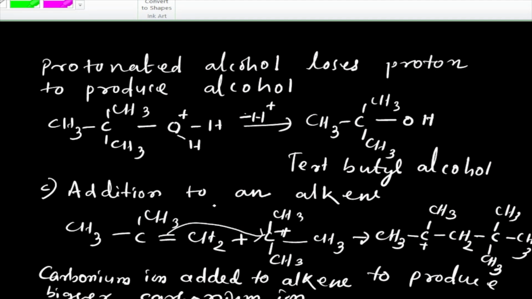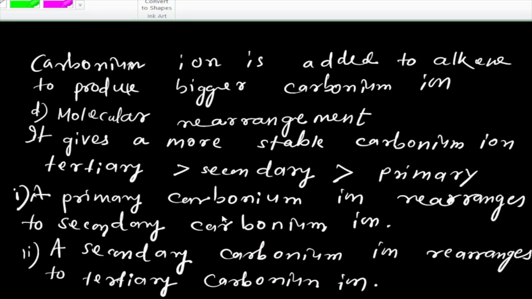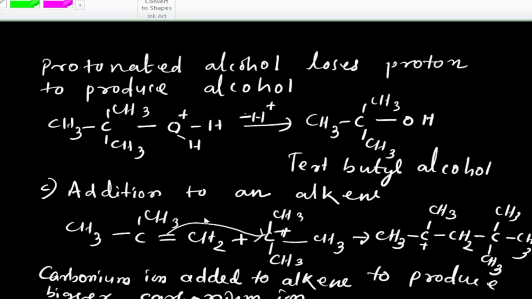Then come to addition to an alkene. See here, CH3, double bond, CH2. This is the propene structure, with a methyl at position 2, so it is 2-methylpropene.